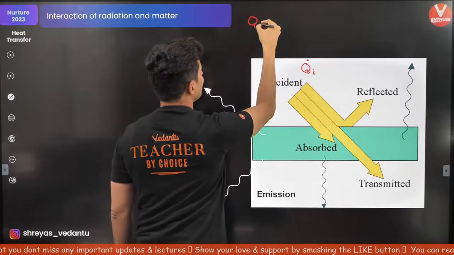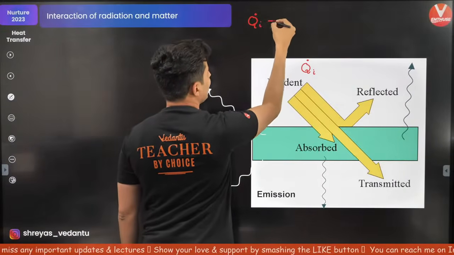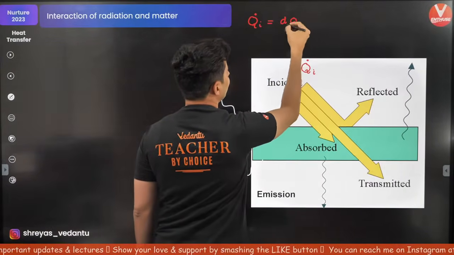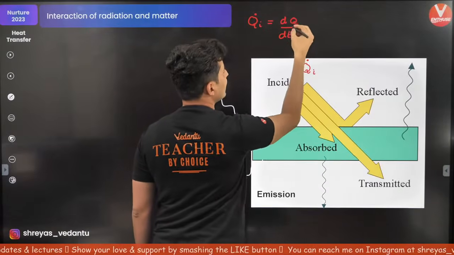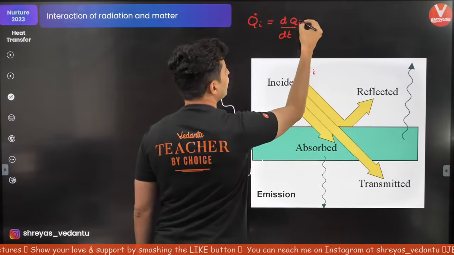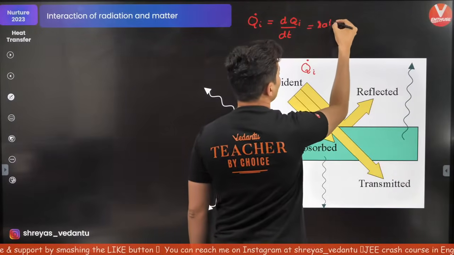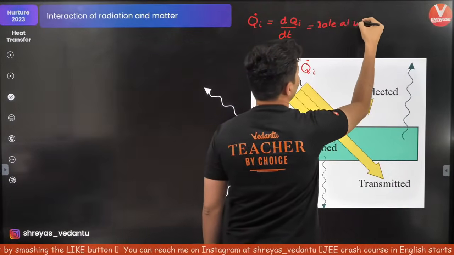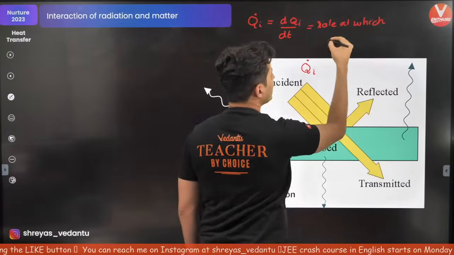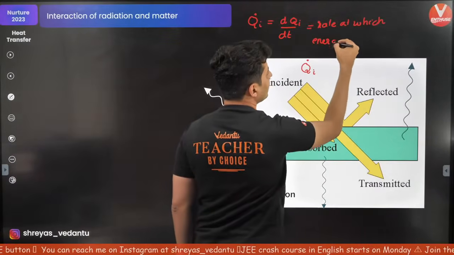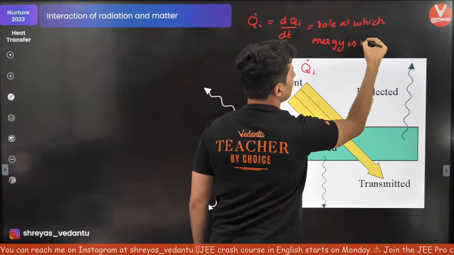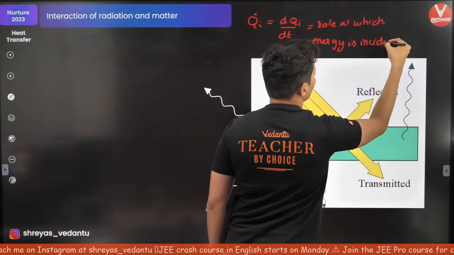Qi dot stands for the derivative of the heat which is falling per unit time. This I stands for incident. So this is the rate at which energy is incident, energy incident per unit time.